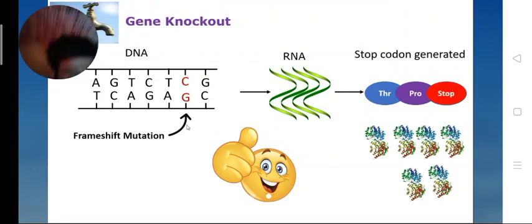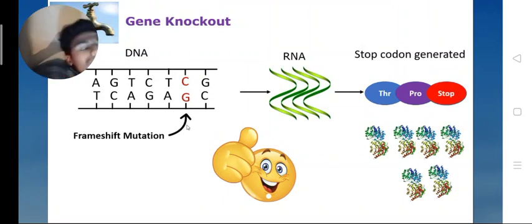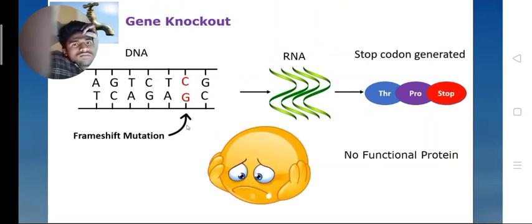Because of this stop codon, your protein is not synthesized completely, and when there is no protein corresponding to a particular gene, we consider it a gene knockout. Because ultimately all the functions are executed by proteins. If your gene is not coding for a protein, it means the expression is lost. The gene is knocked out, right?